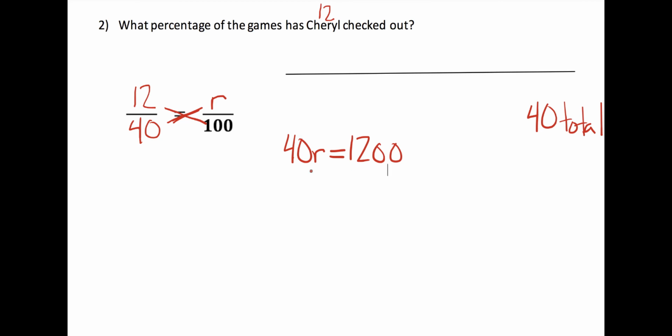All right, now what I want to do is I want to get my R to be all by itself. So I need to, again, like I did last time, divide by 40. Got to do it on both sides if I do it on one. 40 times R divided by 40 leaves just R. If you have 40 R's and you divide by 40, you get 1 R that's left behind.